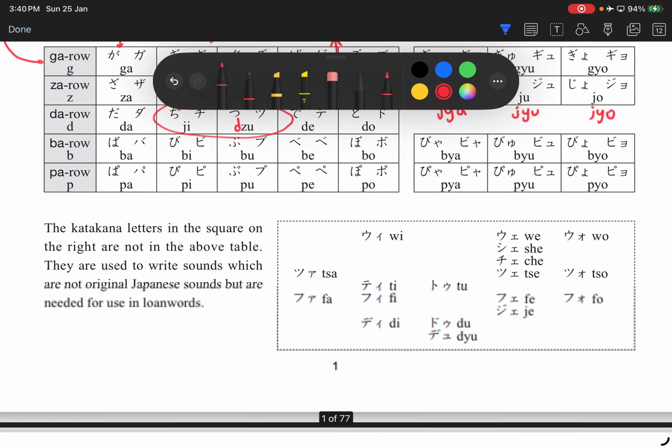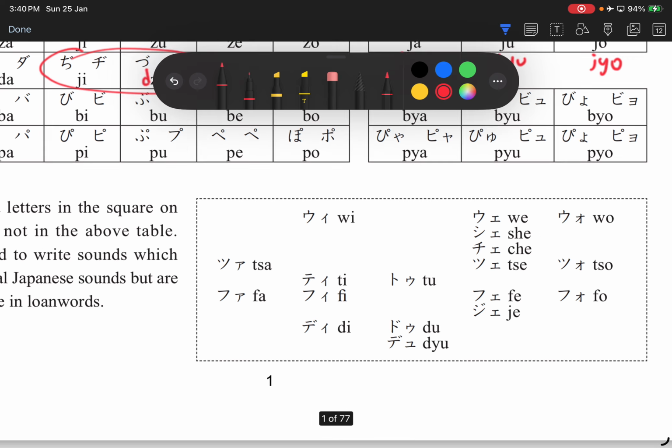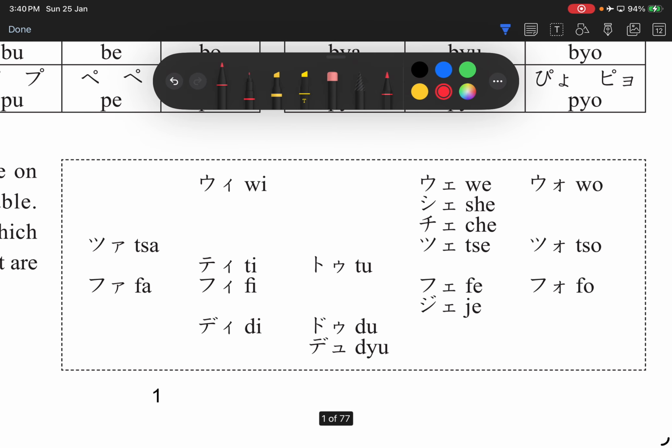Then you can see the one below, the dotted box. There are even more sounds that cannot be represented in Japanese. You can see they are mostly in katakana. For example, FE, as in festival.